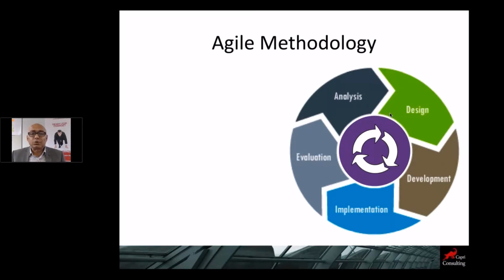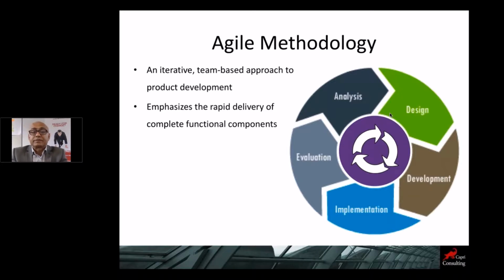So small cycles, small increments, and you build component after component, add them to each other, and then integrate everything together to make a big project. Basically it is an iterative, team-based approach to product development. It emphasizes rapid delivery of completed functional components. It's time boxed and very focused.